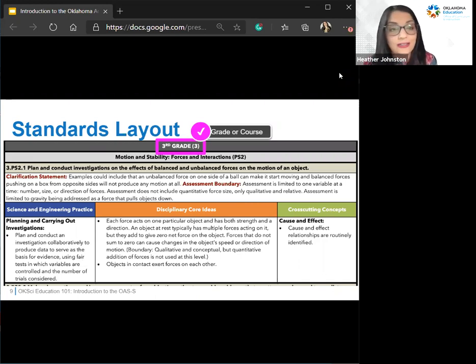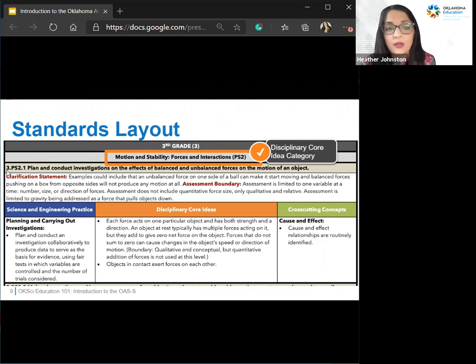I do have a third grade example on the screen. So of course, right at the top, one of the easiest things to identify is the grade or course. You will also find this at the beginning of the code for the performance expectations. So if this is third grade, that's why you see the little number 3 here. And you can see that down here with this performance expectation, the 3 in front of it.